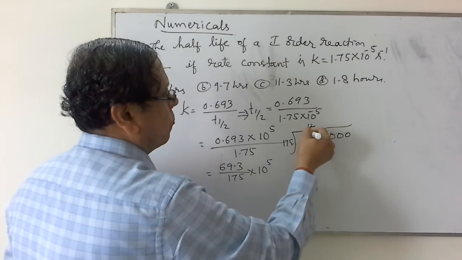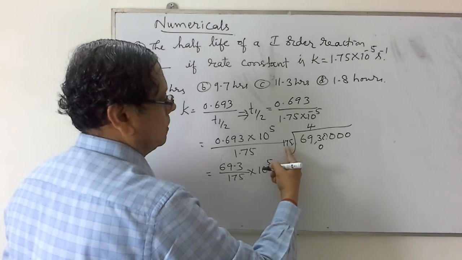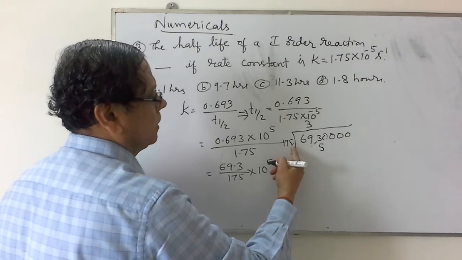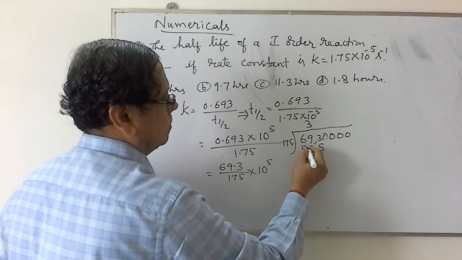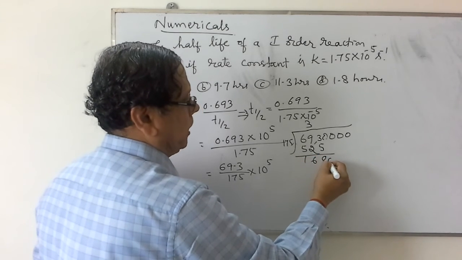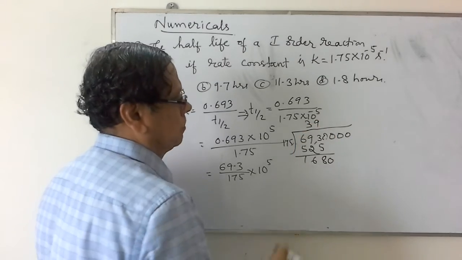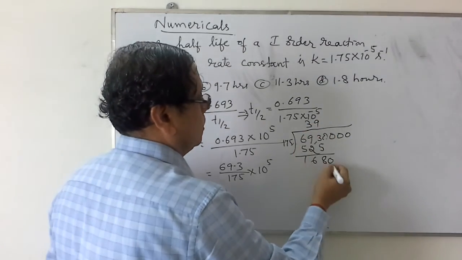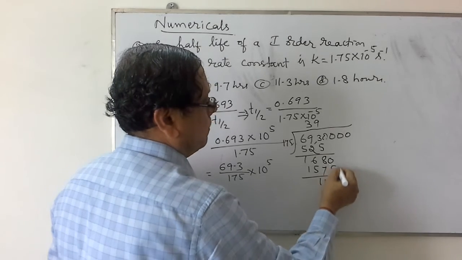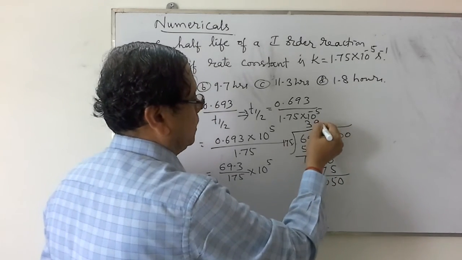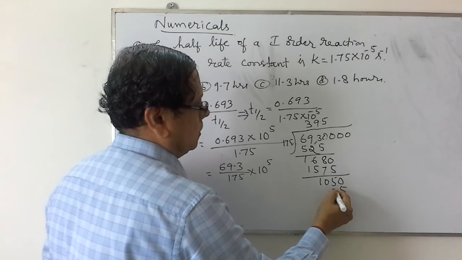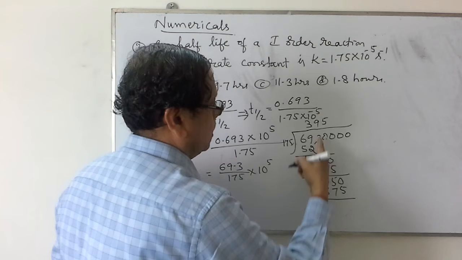It will be 4 times, it will be 3 times. So it is 3, 5, 15, 5, 25, 8, 6, 1, take 1, 0, it is 105, take 1 more 0, it will be 6.